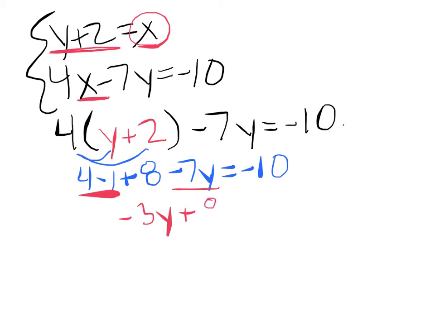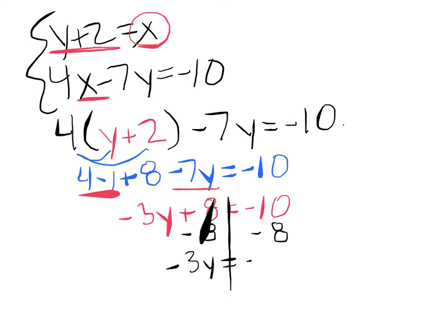Everything else stays the same for now. Alright, now this is an equation, so we can solve it for y. I'm going to subtract 8 from both sides. Negative 3y equals negative 18. Last step is to divide both sides by negative 3.